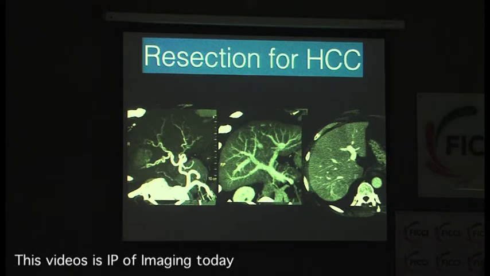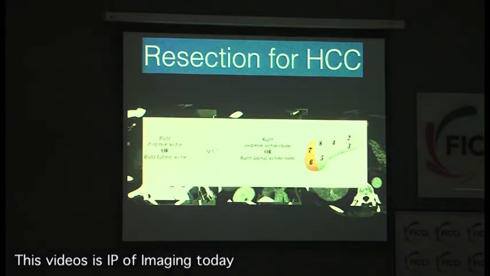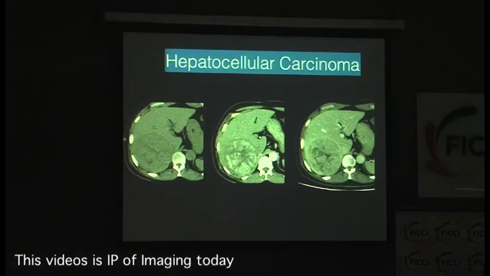You can use the RHV as a plane, and you tell them to resect from here. So you do what is known as a right posterior sectorectomy. Basically you remove segments 7 and 6. So is that clear? Anything which is behind the RHV can be removed with segment 7 and 6 removal.